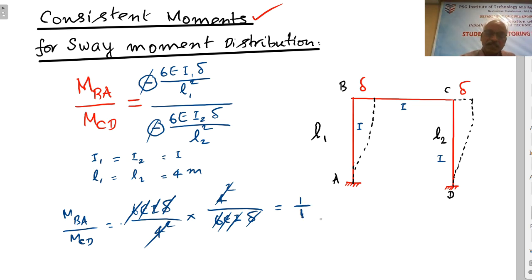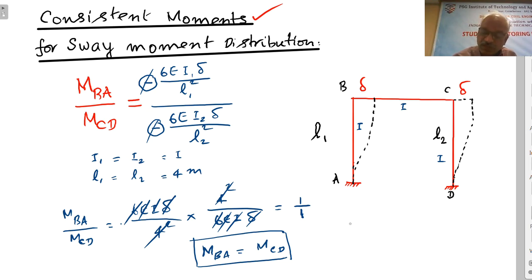Therefore MBA equal to MCD. So this is the ratio in which the moments are to be assumed, right? Now let us assume MBA equal to MCD.